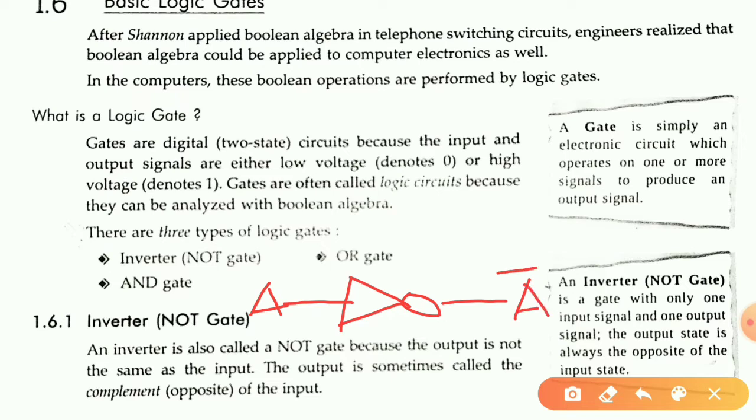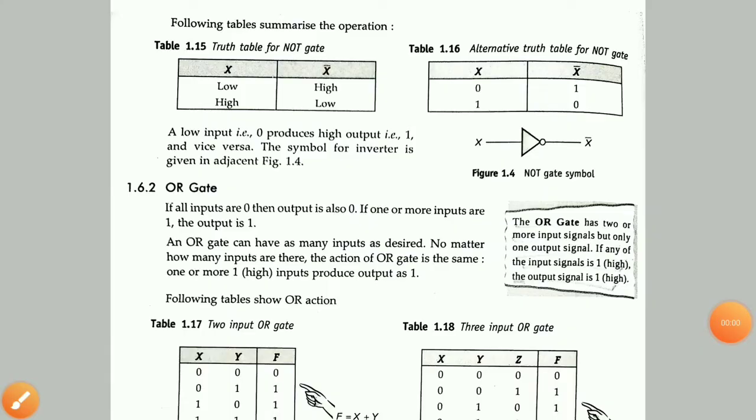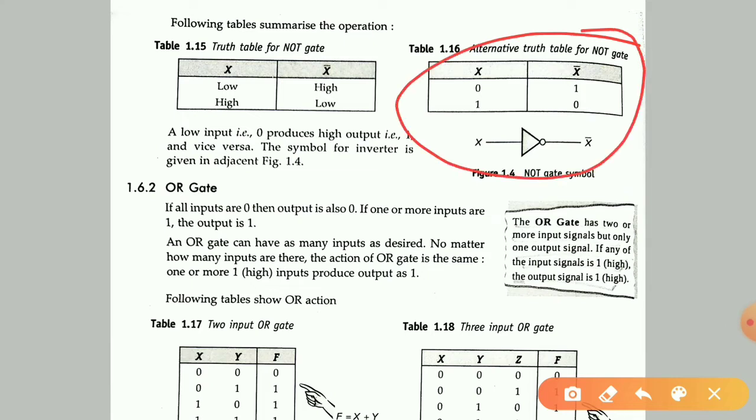So this is your NOT gate. Clear, students? The NOT gate truth table is defined here. When the input is 0, the output is 1, and when the input is 1, the output is 0. So this is the circuit diagram for a NOT gate or the inverter gate.